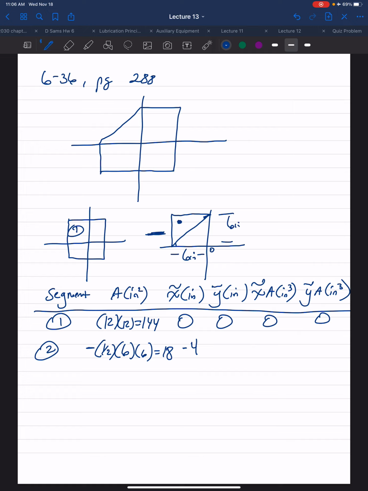In the y direction, we have to go up with the height being 6 inches as well. It's on the larger side of the triangle, so 1/3 from the end will be 4 inches in the positive y direction. Then multiplying x wavy bar times the area, that'd be -4 times -18, which is 72 inches cubed. And for the y wavy bar times the area, it was 4 times -18, so -72 inches cubed.